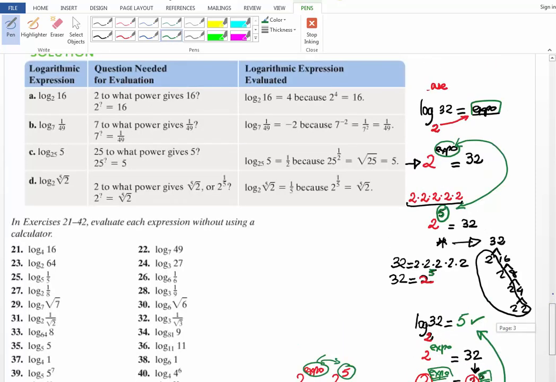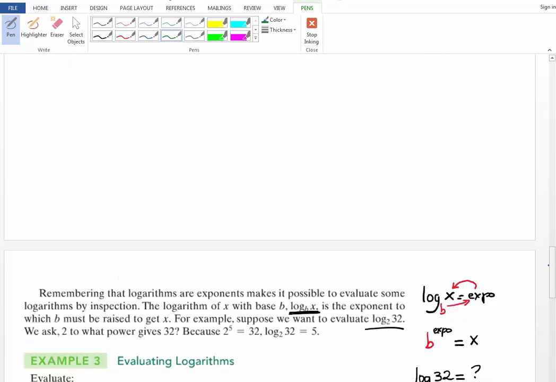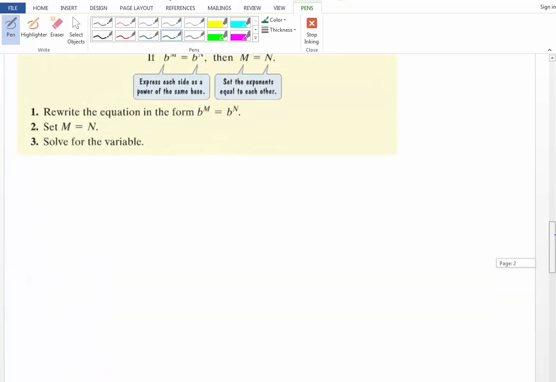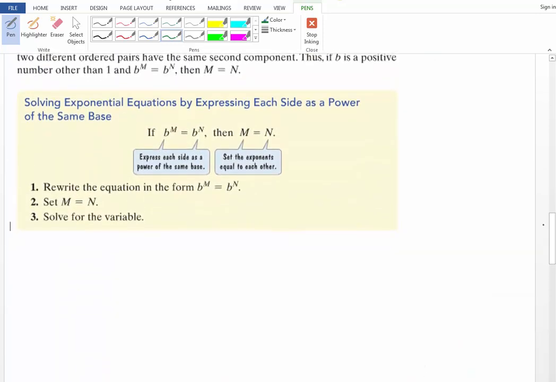And that's a property which I mentioned right here. Let me show you. It's right here. If you have a base b raised to the power m equal to the same base b raised to a power n, then because the bases are the same, they are both base b, the exponents should be a match as well.